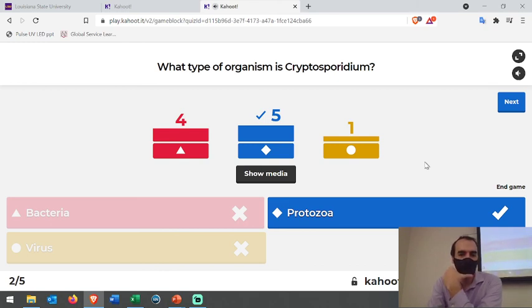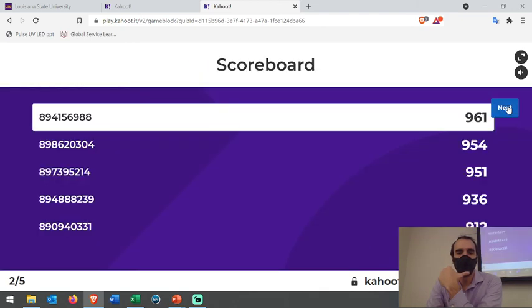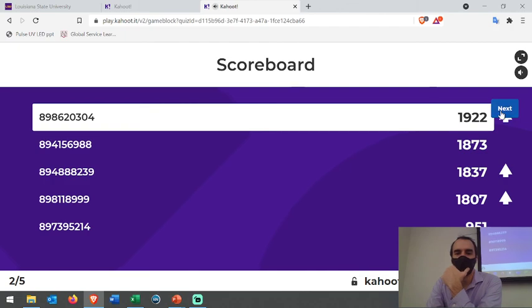Some of you thought it was bacteria. We'll talk a little bit more about these and the differences after our exam. We'll get into disinfection. But protozoa are larger organisms, still single-celled, but technically larger than a bacteria.